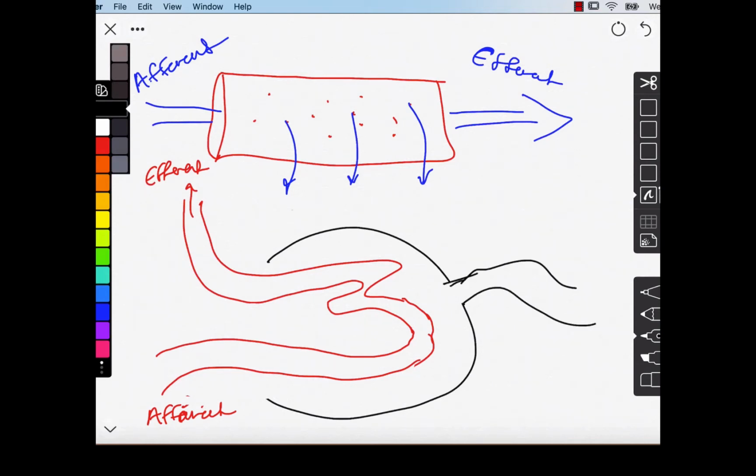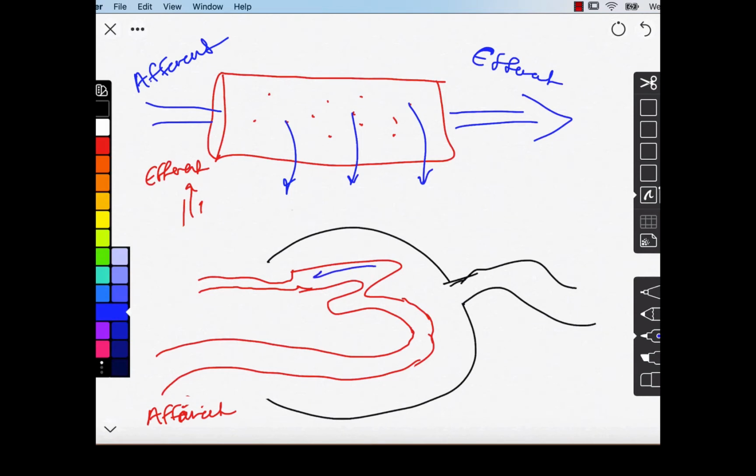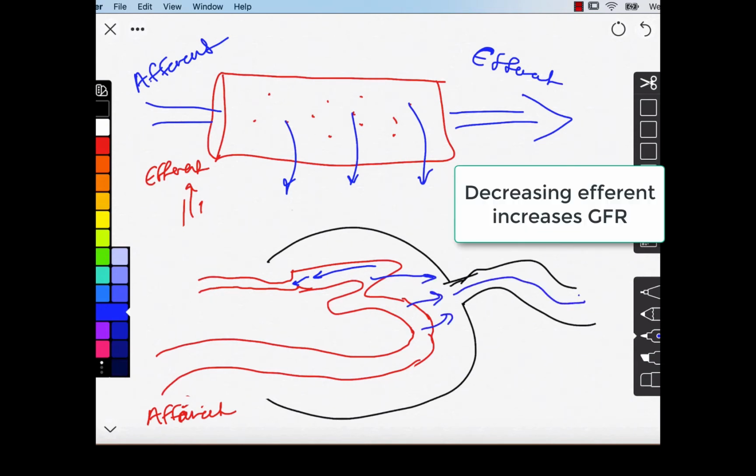Now, if we were to go ahead and constrict the efferent arteriole, so we make this smaller, what happens is that there's pressure backup. The fluid that is coming through this tube is going to have a really hard time getting into that little tube, and what that means is that more of it is going to exit the glomerulus and go into the rest of the nephron.